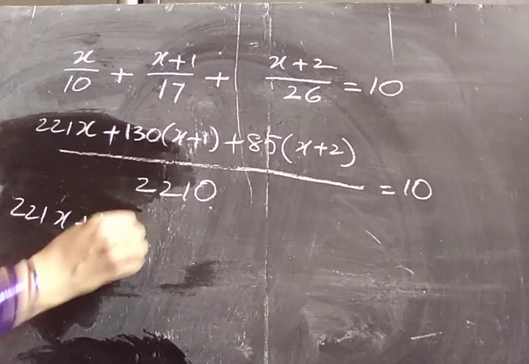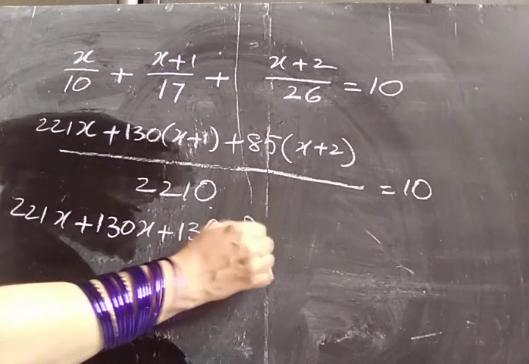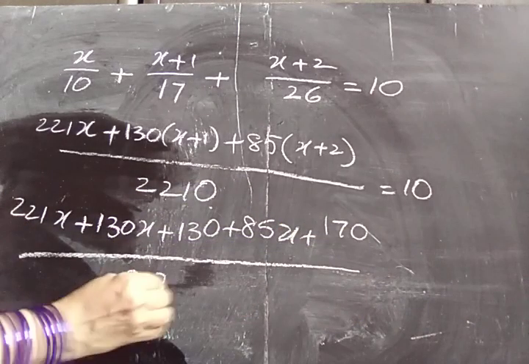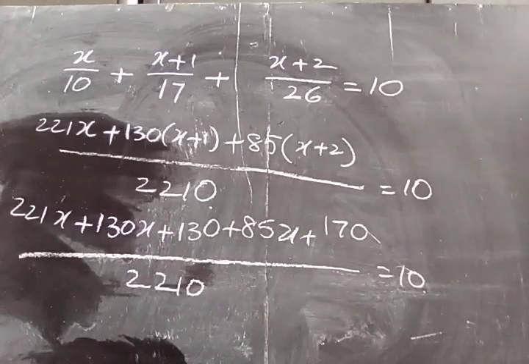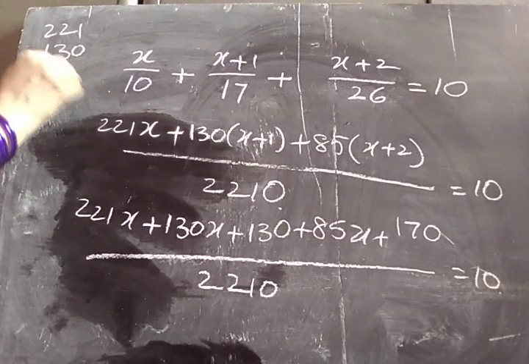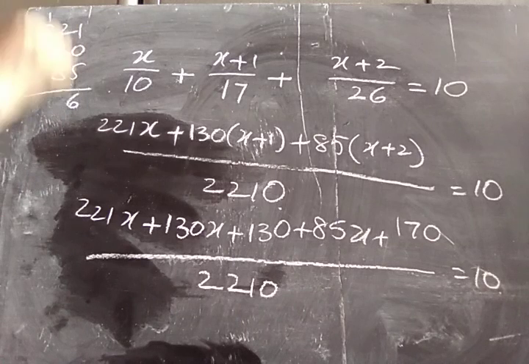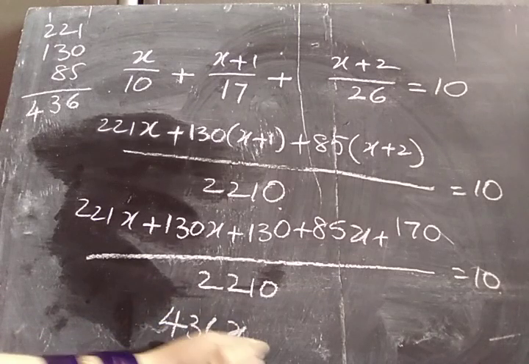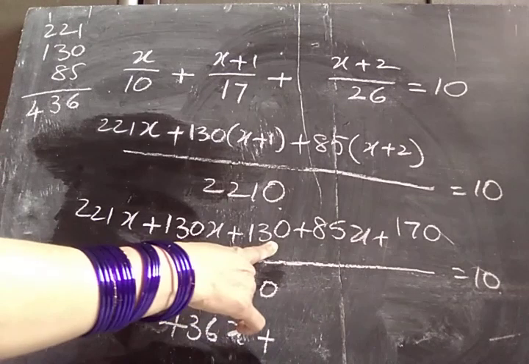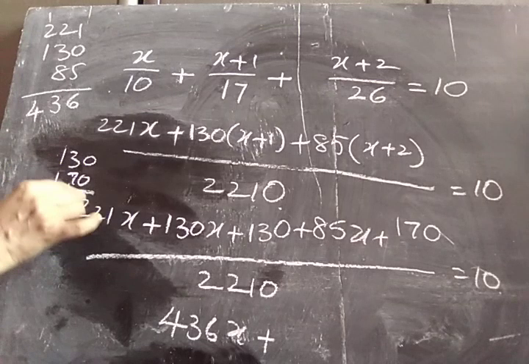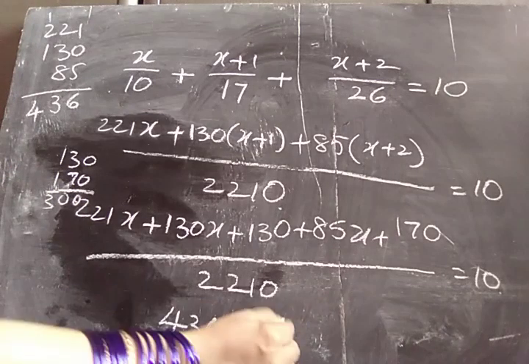221x plus 130x plus 130 plus 85x plus 85 into 2, 170, by 2210 is equal to 10. 221 plus 130 plus 85. 6, 10 plus 3, 13, 4. 436x plus 130 plus 170. 130, 170, total 300.